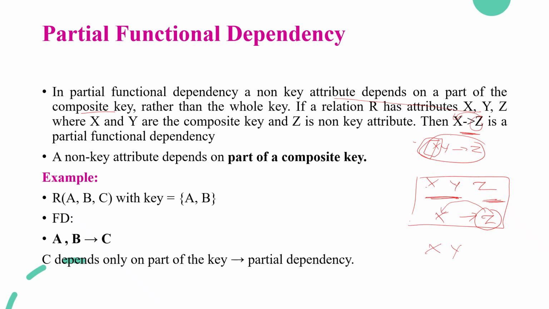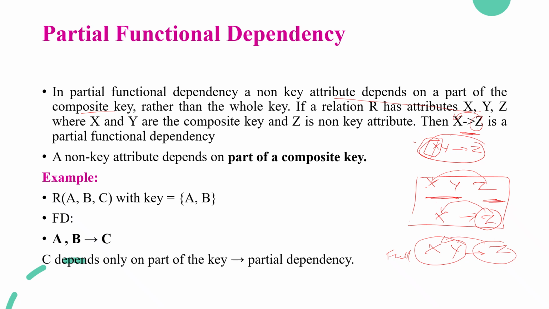whereas in fully dependence, X and Y is a composite key and Z is a non-key attribute, meaning Z should depend on both X and Y, the complete composite key. You cannot separate X and Y. So Z should be dependent on both X and Y. This composite cannot be separated in a full dependency. In partial it is separated. It depends only on X, a part of this composite key.